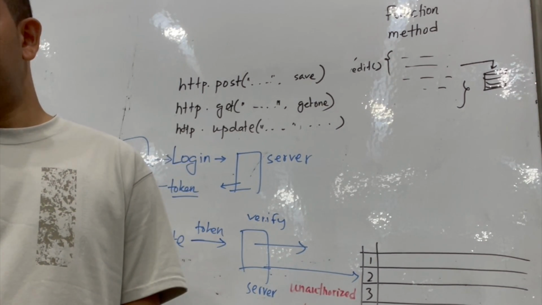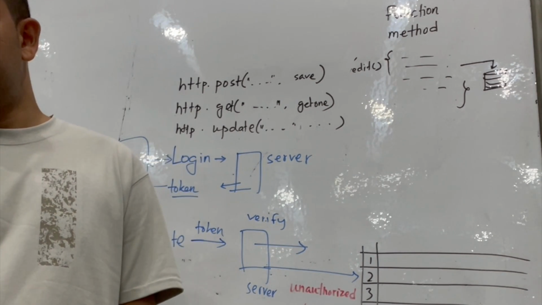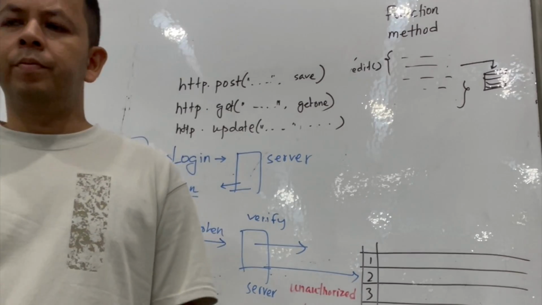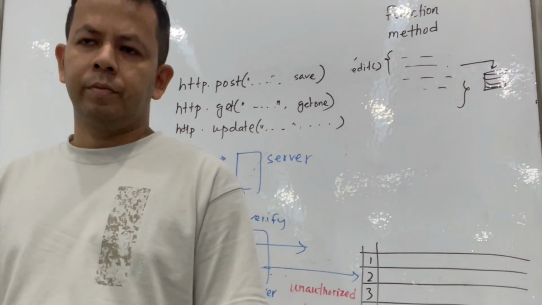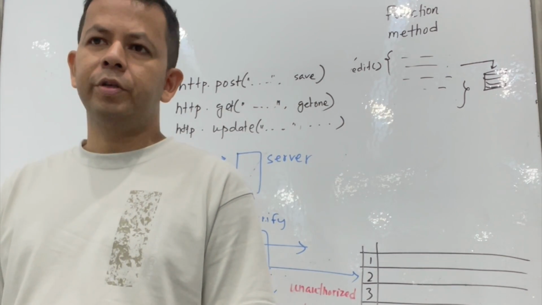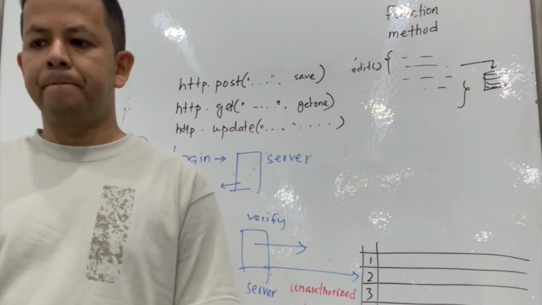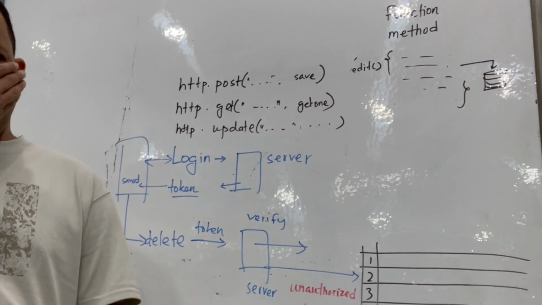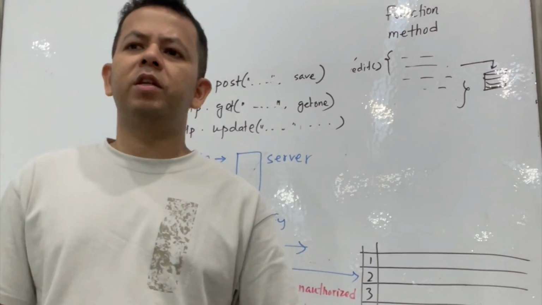We usually use 4 or 3 to describe these operations. If you don't have the token and you try to do it, it's unauthorized.